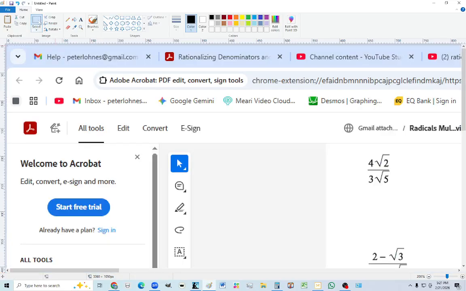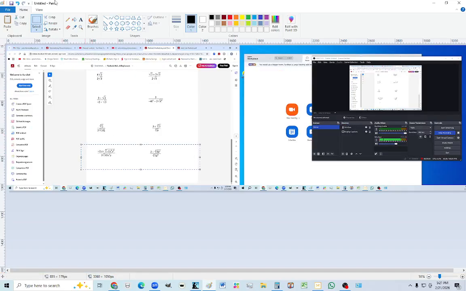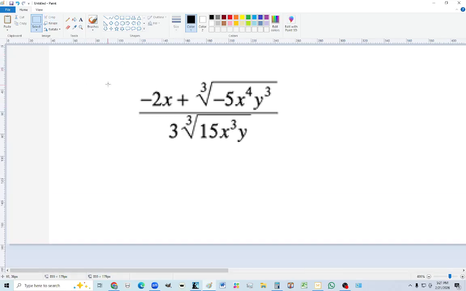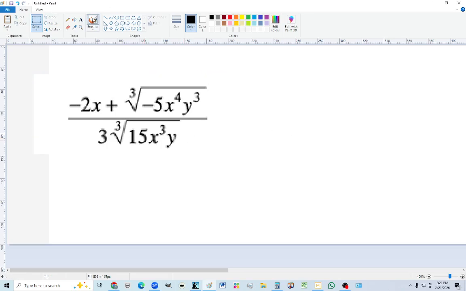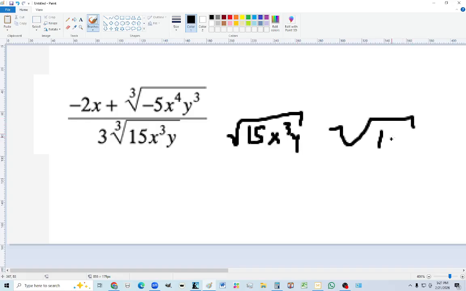I don't even know if he knew he was doing that when he did it. If you just thought you could square it. But you can't. So this one, you'd have to multiply it 2 more times to get rid of it.